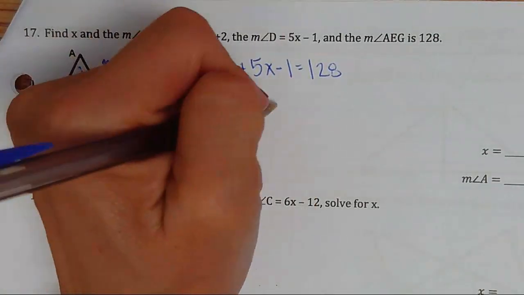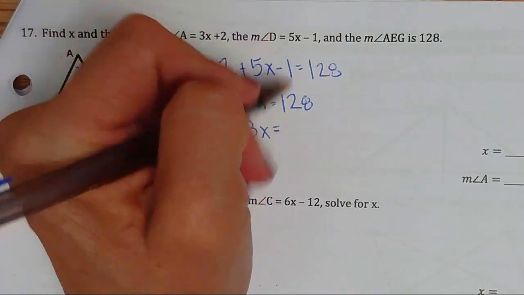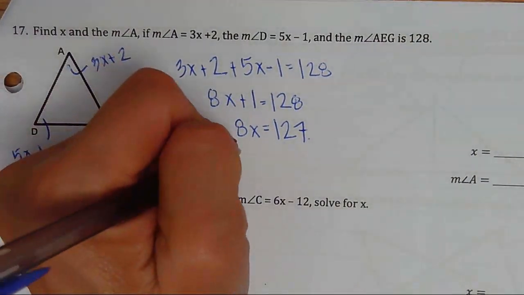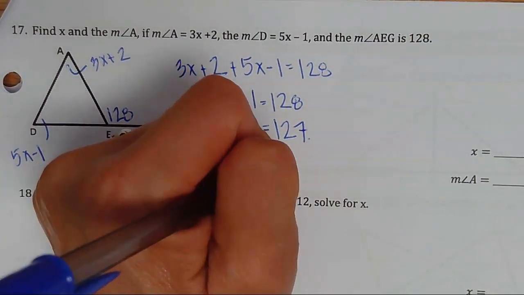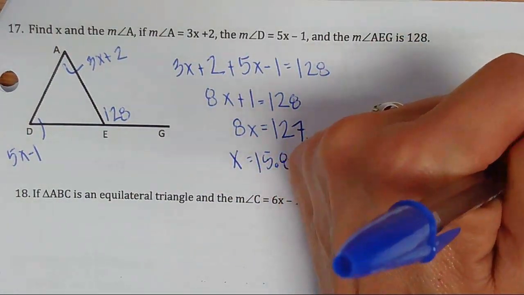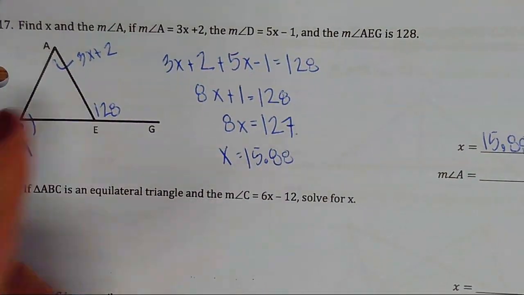Because 2 minus 1 equals 1, 8x plus 1 equals 128, and get 8x equals 127. And maybe I made a mistake, but I got a decimal. I got x equals 15.88. But now what I'm going to do is plug it into angle A.